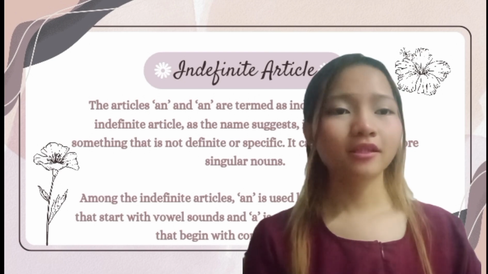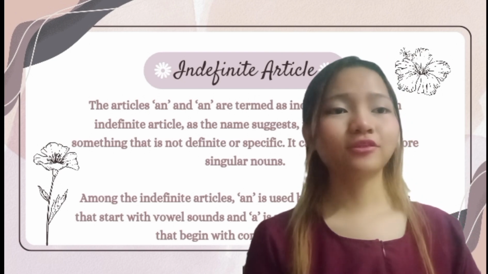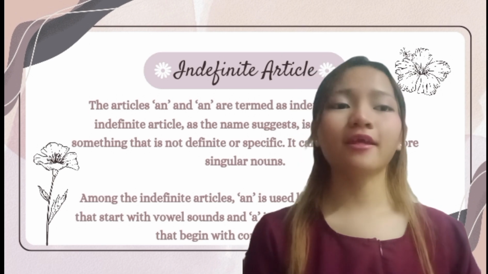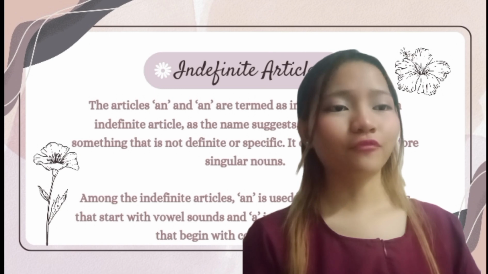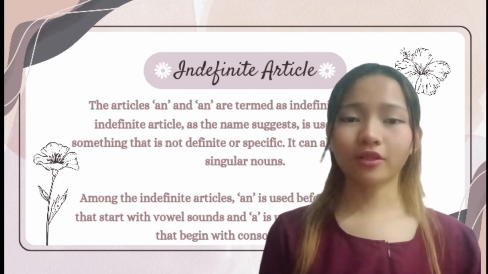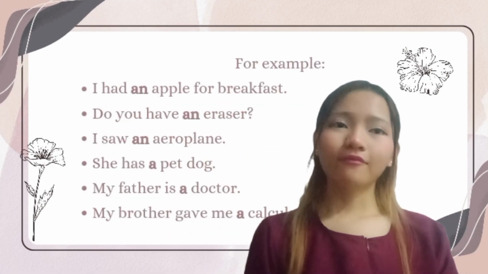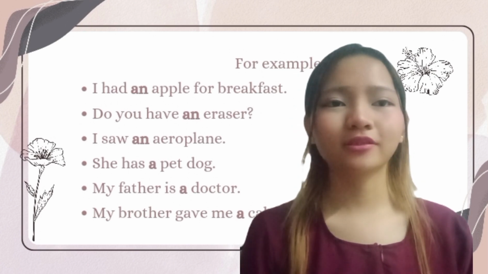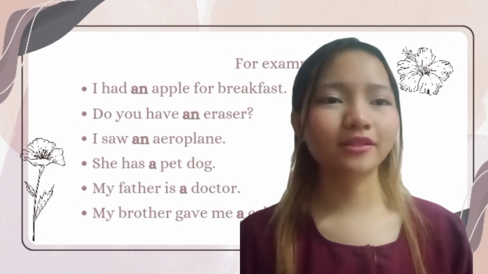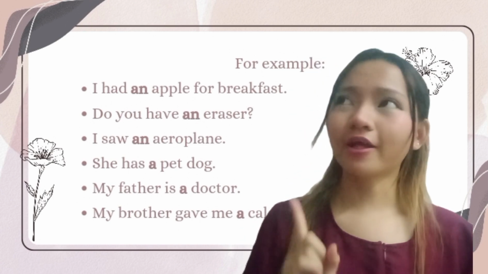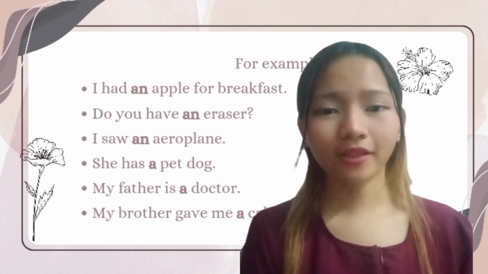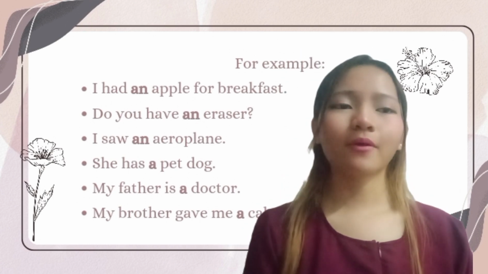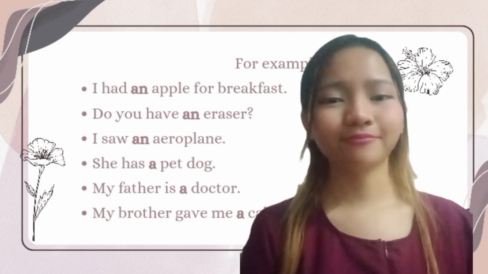Among the indefinite articles, an is used before singular nouns that start with vowel sounds, and a is used before singular nouns that begin with consonant sounds. For example, I had an apple for breakfast. Do you have an eraser? I saw an aeroplane. She has a pet dog. My father is a doctor. My brother gave me a calculator.